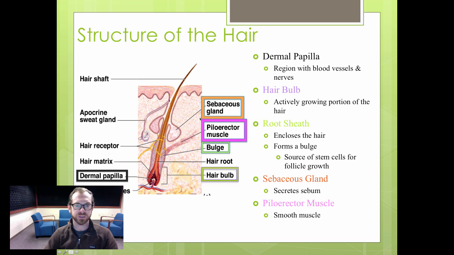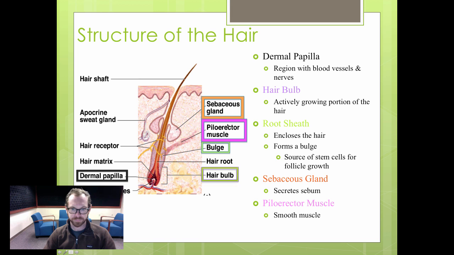Now we're going to discuss structures that are associated with hair follicles. First structure we have is the dermal papillae, shown down here outlined in the black box. This is going to be where the hair follicle receives blood and other nutrients, and also where nerves are going to be associated with the hair follicle for sensory input.